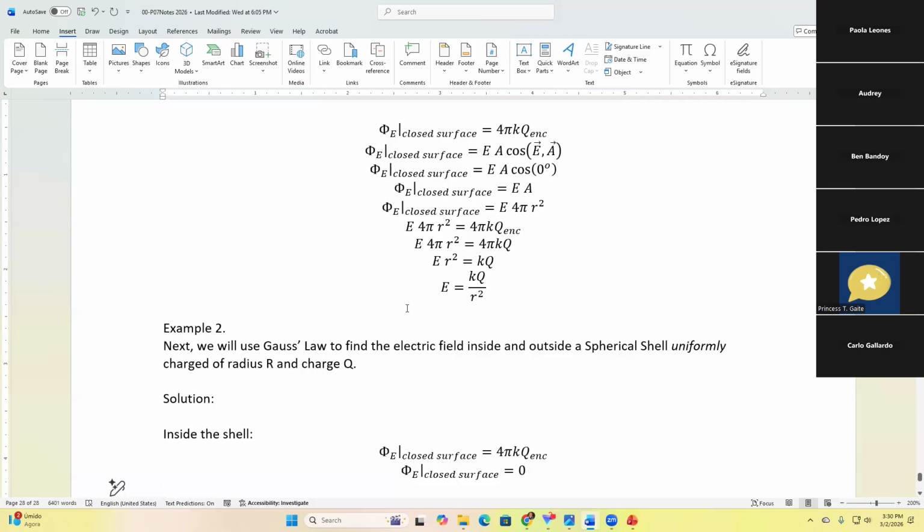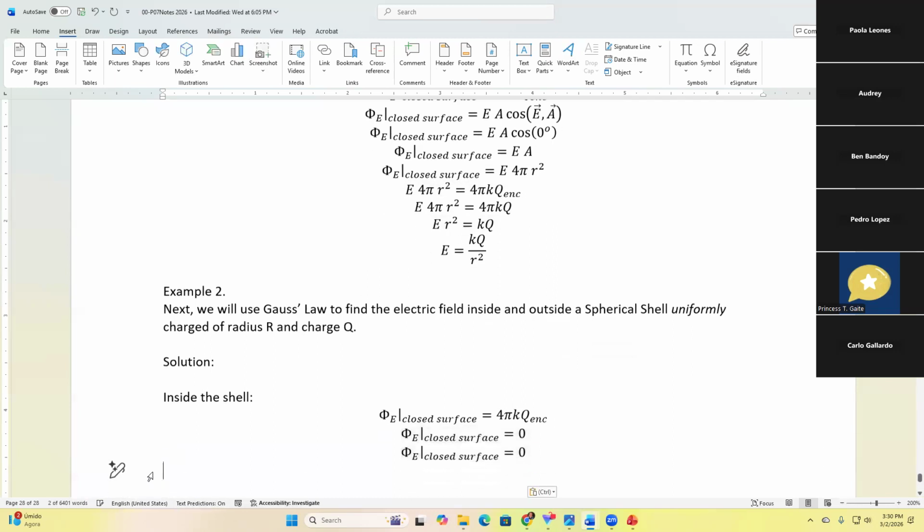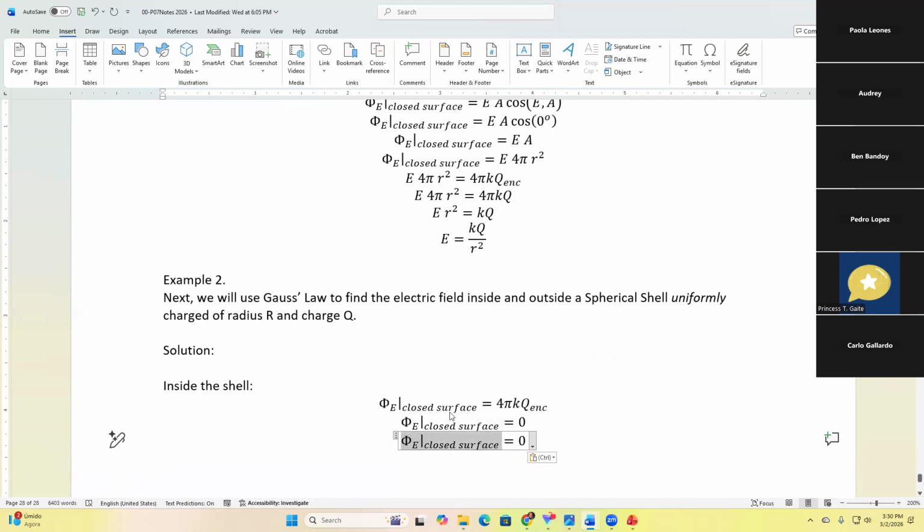So we do exactly what we did before, right? The electric flux of the closed surface is going to be E times A. We already know that A is parallel to E, and we also know that A is not zero.